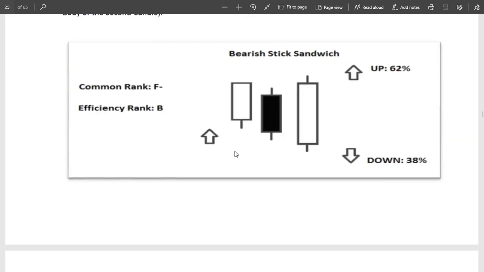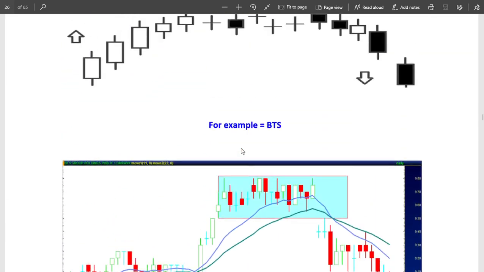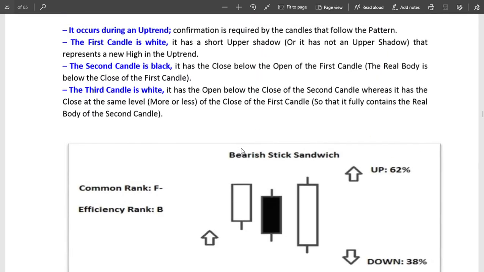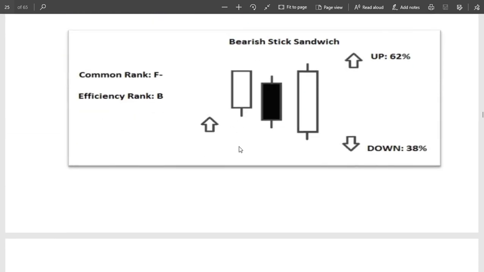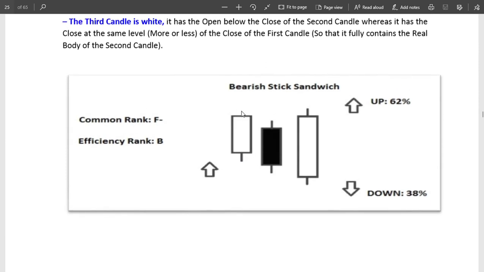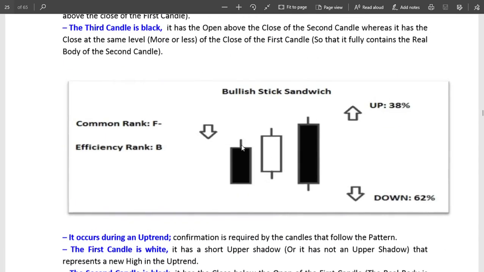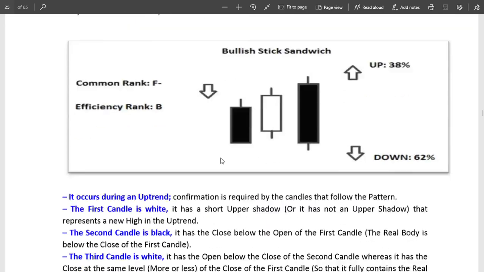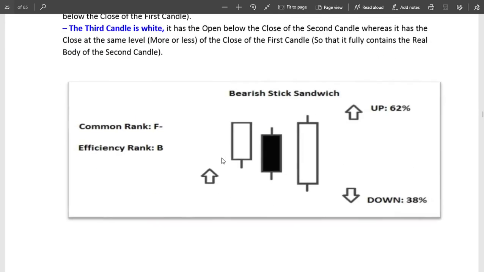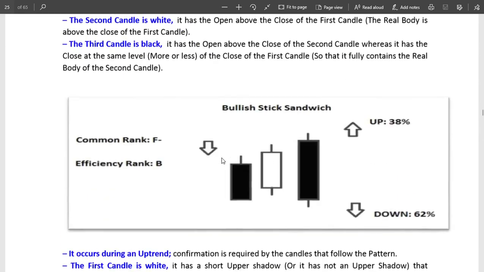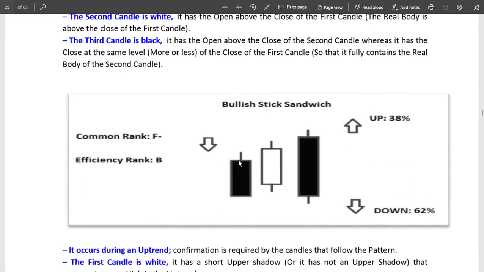Okay, so this occurs during a downtrend, but let's see this. Sorry, this shows bullish pressure. So we have a red candle here, then we have a green candle here.